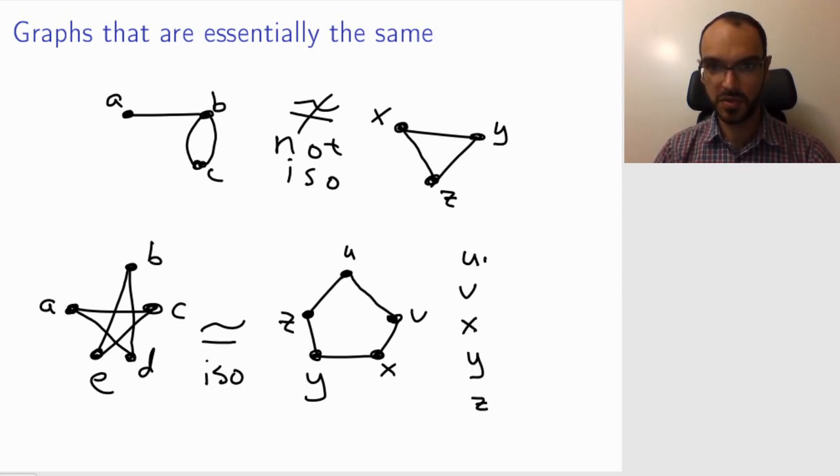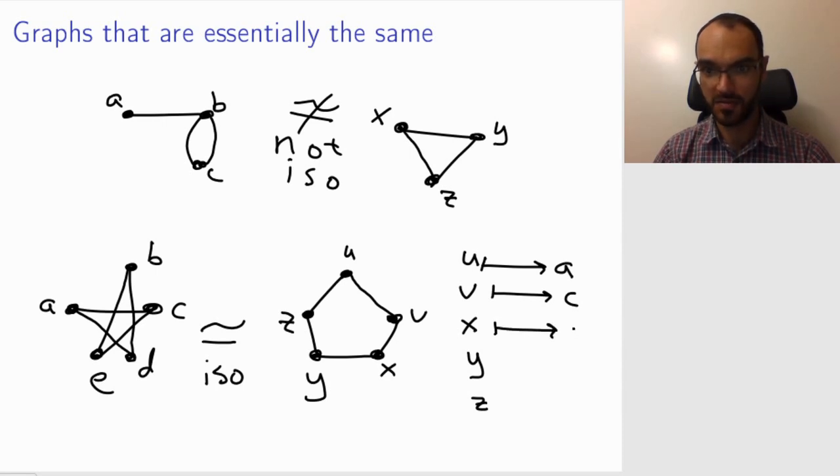So if I map U to A, U has an edge with V, A has an edge with C. So maybe if I map V to C, V has an edge with X, C has an edge with E. So I will need to map X to E. There might be other possibilities, which is just one isomorphism.